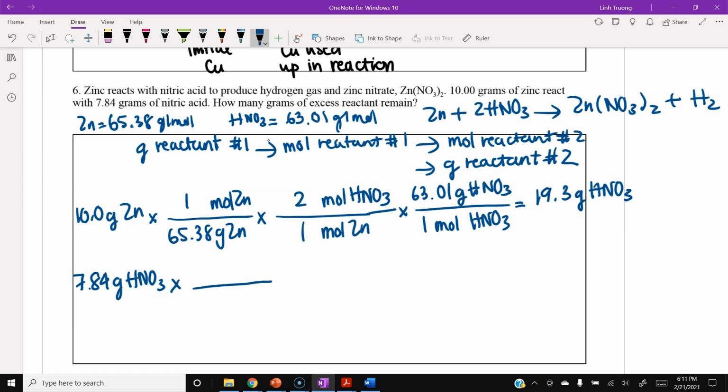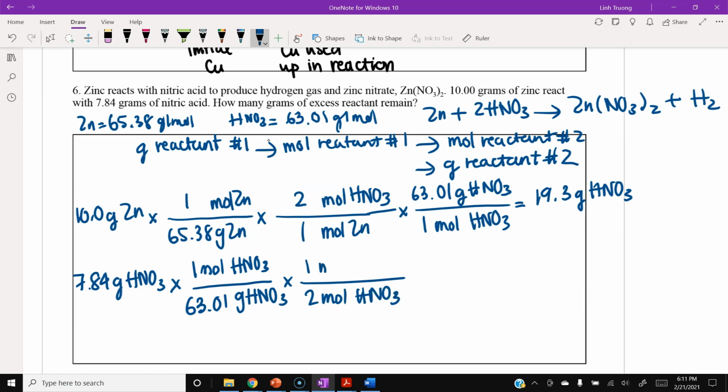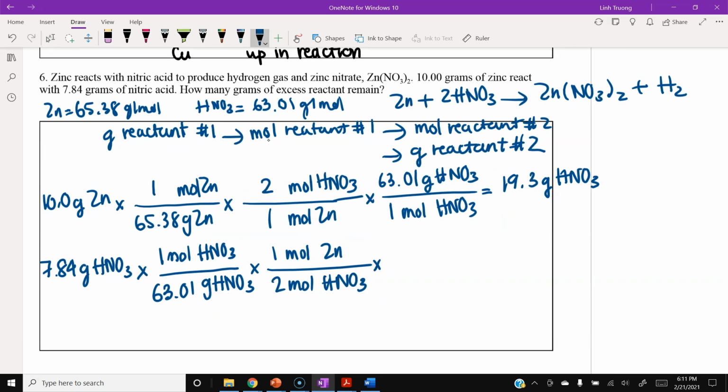And like always, I want to go from gram to mole using the molar mass. So the molar mass of nitric acid is 63.01, 1 mole of nitric acid. Now I want to go from mole of nitric acid to mole of zinc. And I know that 2 mole of nitric acid has to be at the bottom because I want it to cancel out, and 1 mole of zinc at the top because I want to keep it.